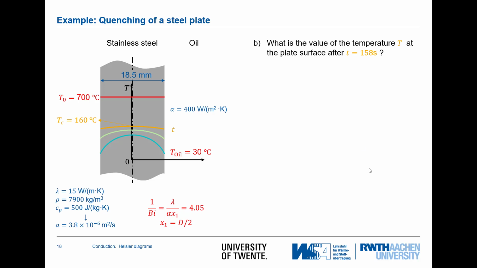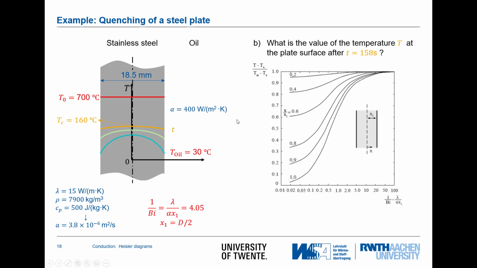The second question, what is the value of the temperature at the plate surface after that time? So we are looking now at this surface temperature. For this, we look in the other diagram, which relates the center temperature towards the temperatures inside the body. We are looking at the surface, so the ratio x divided by x1 is equal to 1. So we are actually here on this curve, and we still know that our value 1 over Biot is approximately 4.